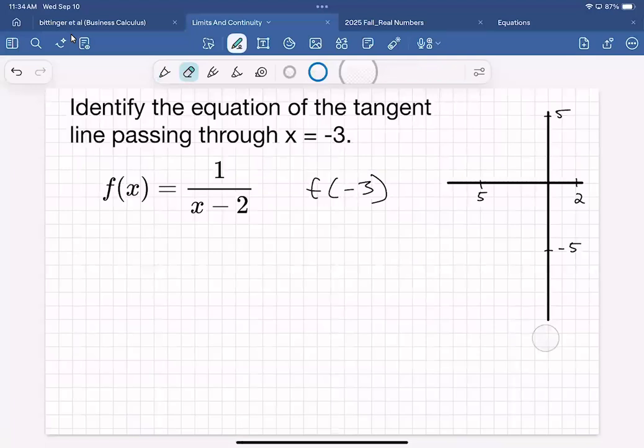Now, before I go through this, let's make sure we're comfortable drawing a sketch of this graph, okay?